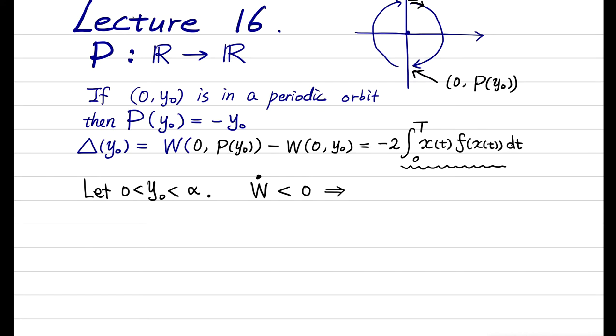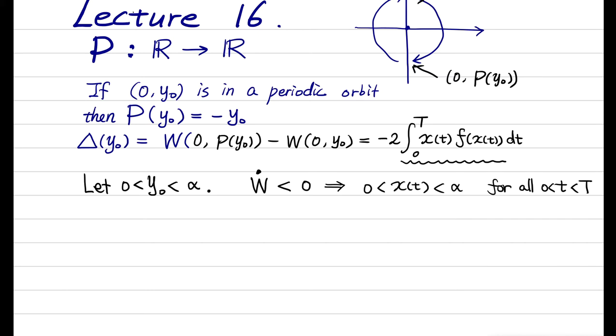Therefore, by the time the orbit crosses the x-axis, the x-intercept, the coordinate on the x-axis will also be smaller than alpha, which means throughout the whole orbit, the x-coordinate will be between 0 and alpha, which means W has to decrease for the whole orbit from 0 to capital T. Therefore, delta of y0 must be positive.